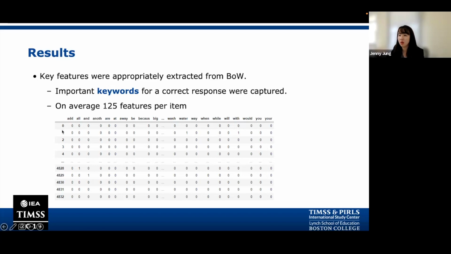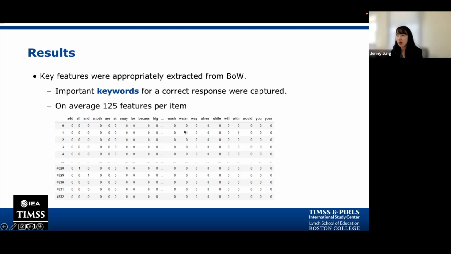So each row here indicates a student response. So we have, yeah, 4,833 student responses here. And the columns here indicate the key features extracted from the bag-of-words model, like add, all, and all the way down here, you and your. So these are the key features from the bag-of-words model.